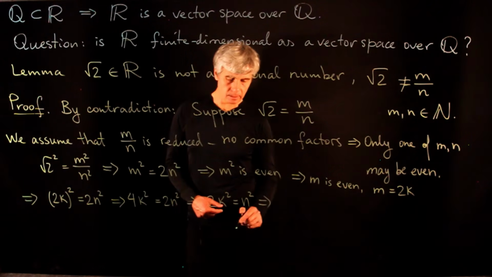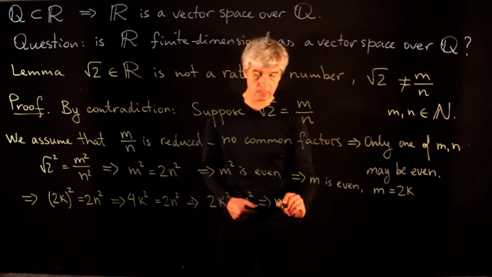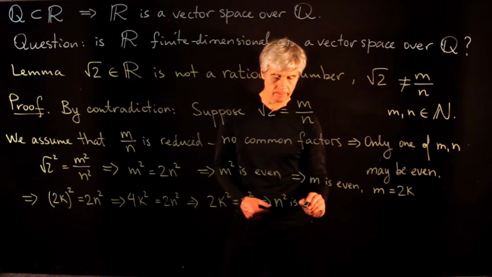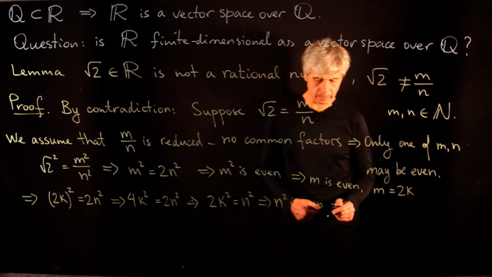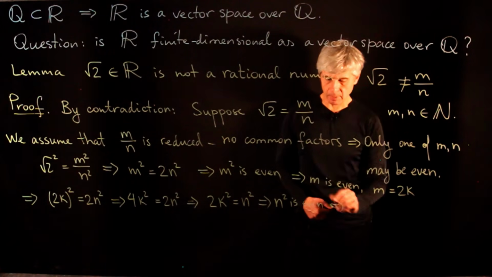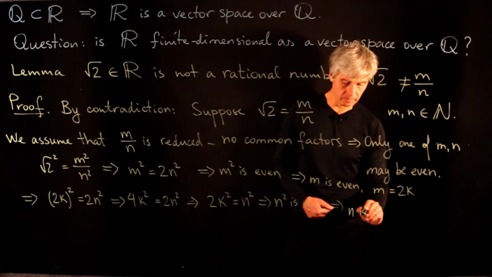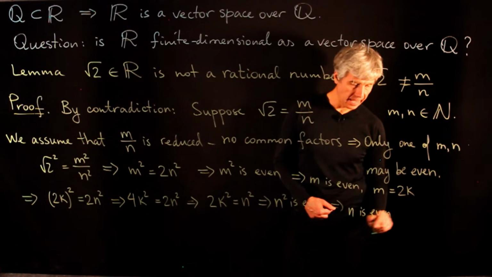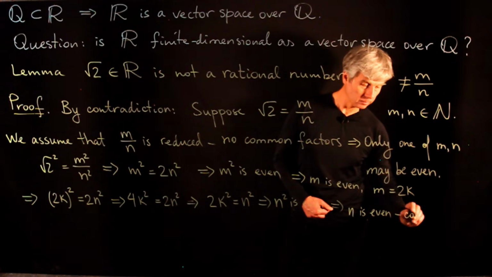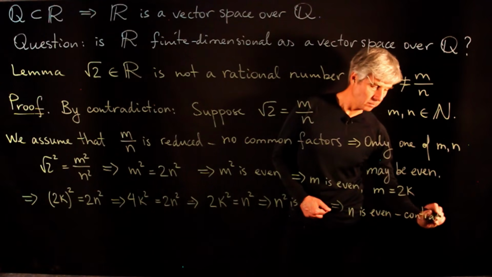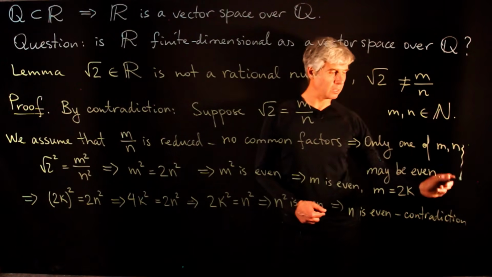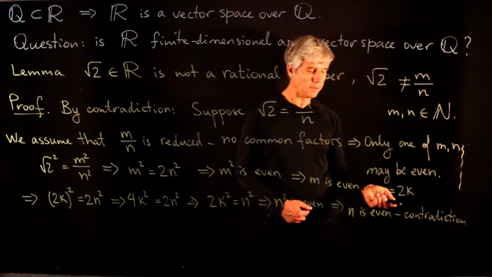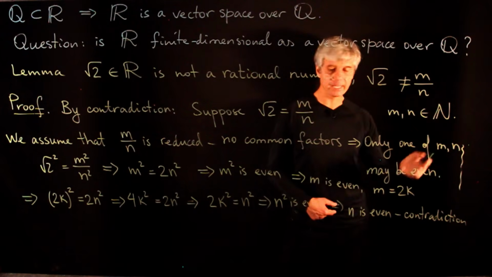But then this tells us that n squared is even. And this tells us by the same argument that n is even. And this is a contradiction, because our assumption here was that for a reduced fraction we cannot have both m and n even.